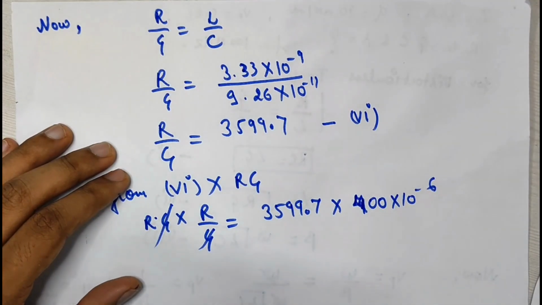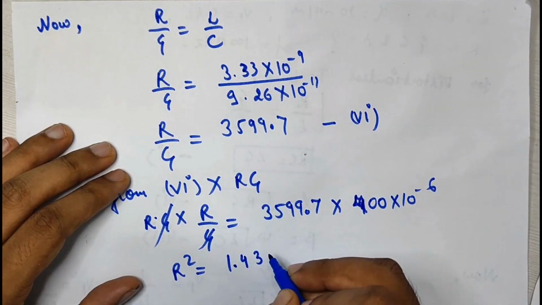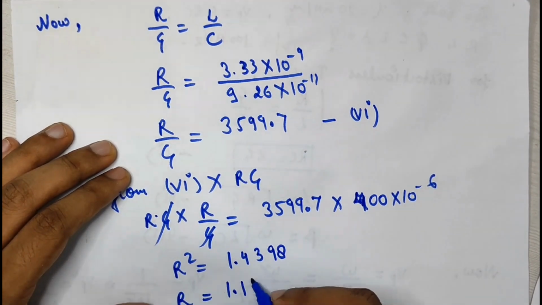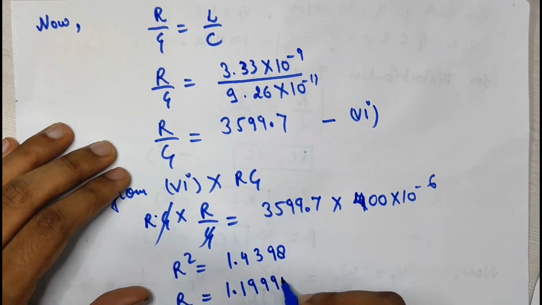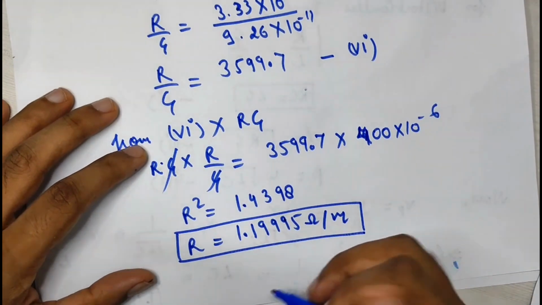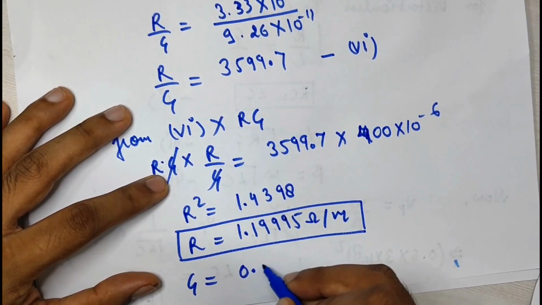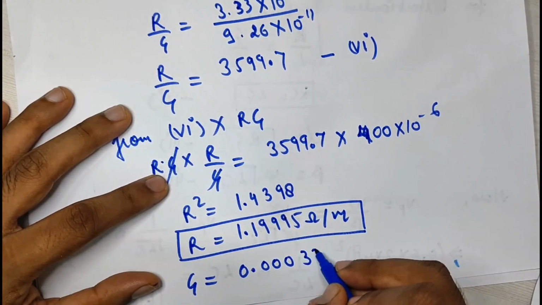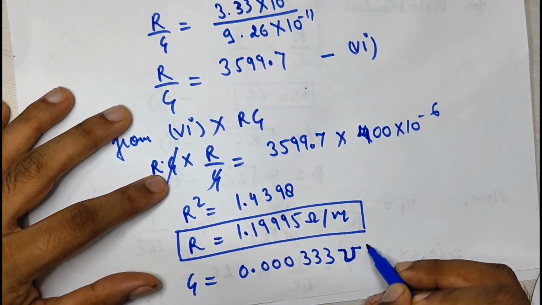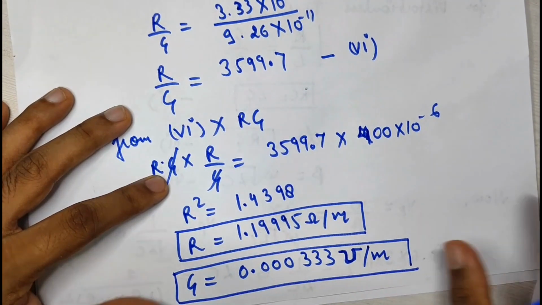G gone, R square is equal to this, and now we have the value of R. We can substitute in any of these forms, and we get the G value as 0.000333 per meter. We have calculated this also.